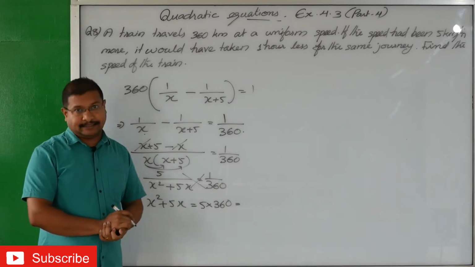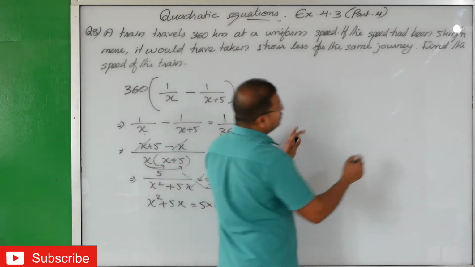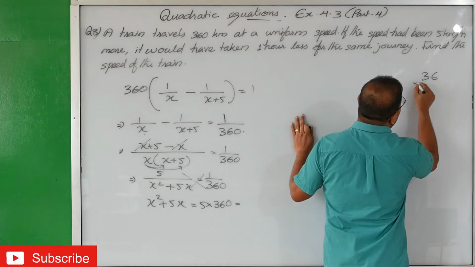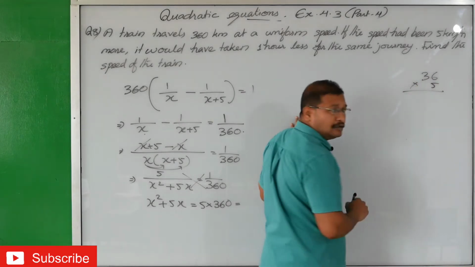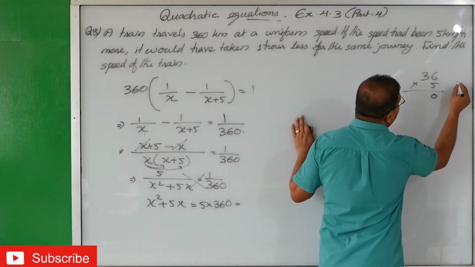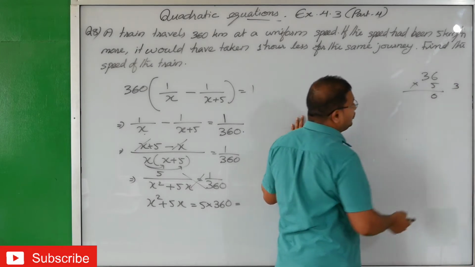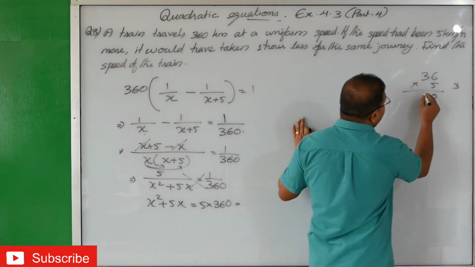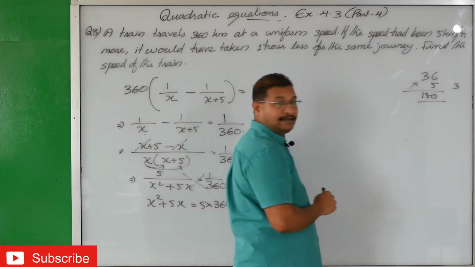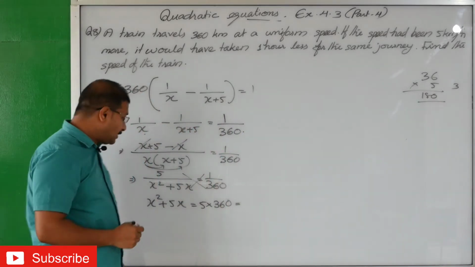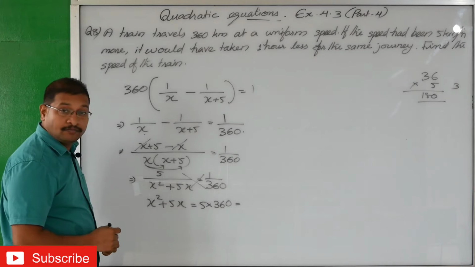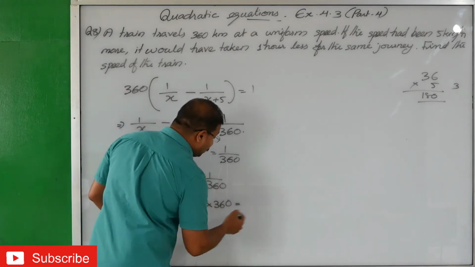5 into 360 means what you'll do? 5 into 36. Ready? So 36 into 5. 5 6s are 30, 3 in hand. 5 3s are 15. 15 plus 3, 18. That means we got 180. But 360 means one more 0 will be put extra.